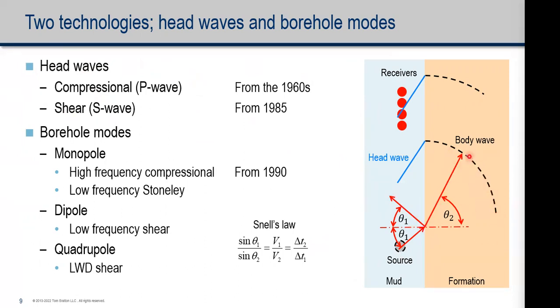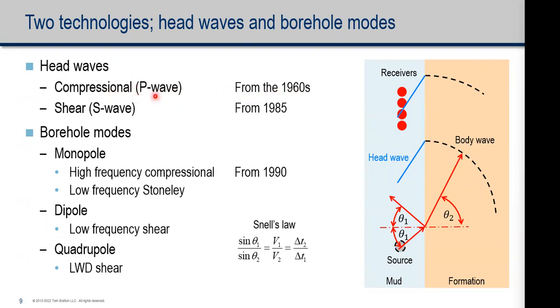And as this body wave propagates up the borehole, it drags behind it what we call a head wave. This is like a bow wave from a boat. And as that head wave crosses your receiver array, you can measure the velocity. This was how we started in the late 1950s.